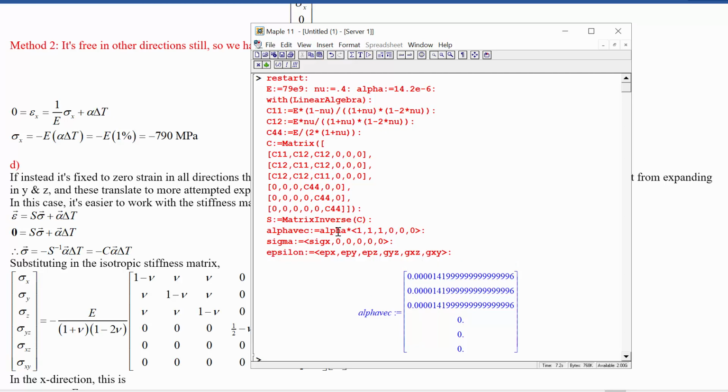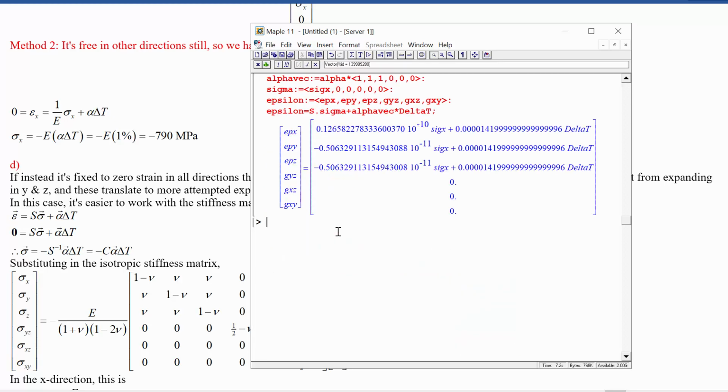And we want to form the equation epsilon is equal to s dot sigma, compliance dot the stress, plus alpha vector multiplied by delta T. Then we can see what this looks like after multiplying out all of the different components.